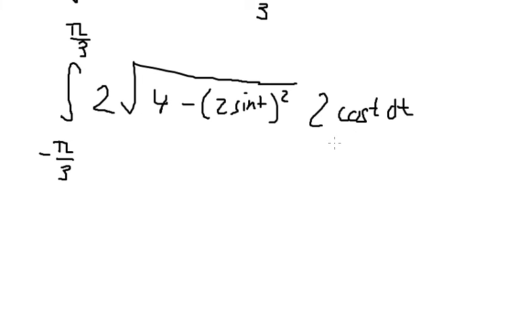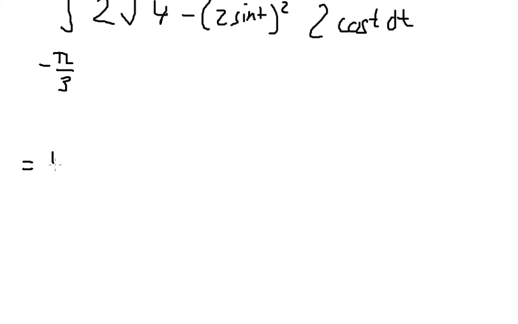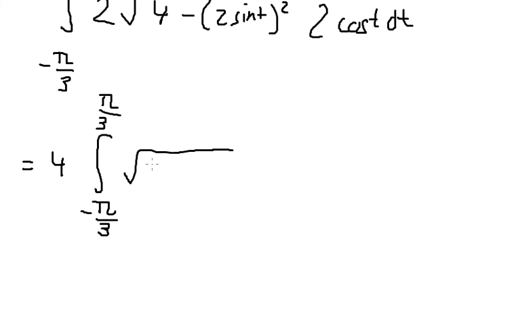Now 2, we have 4. This one we have 4 minus 4 sine t squared, and we have cosine t in here.